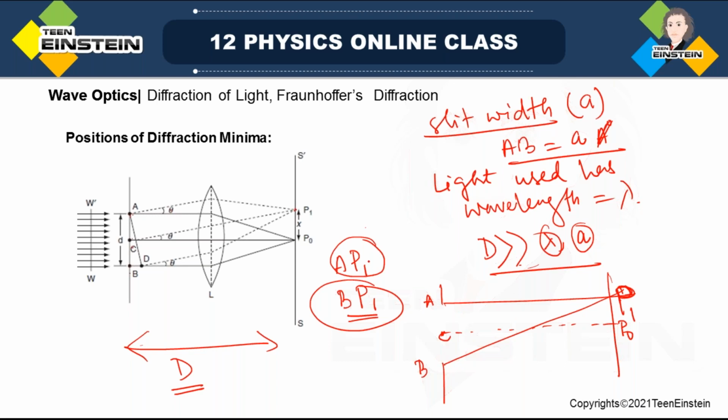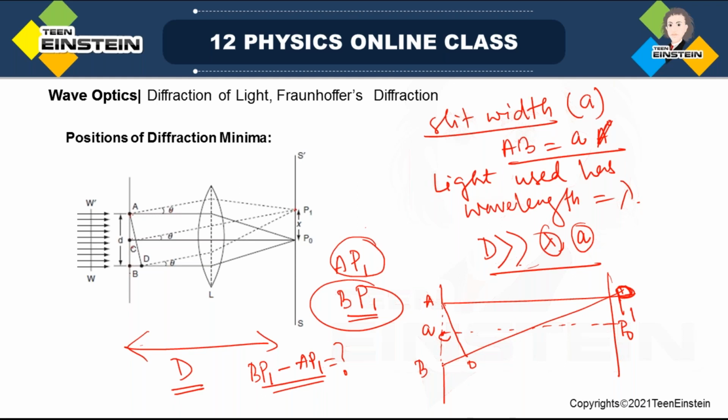So you have to find the path difference, the path length AP1 compared to BP1. To do that, if I draw a perpendicular over here, which is AD, then AB is the slit width.